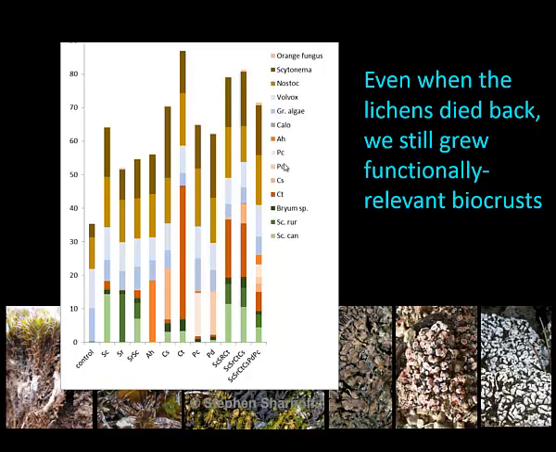The orange colors, these colors are terrible, the orange colors are lichens, and then the browns are the dark cyanos. And so no matter what, even when we killed the lichens or the lichens died back, we still got really great crusts. We got the players that we're interested in getting for restoration. I'll give you some data soon on what the chlorophyll numbers and the nitrogen fixation capabilities look like.